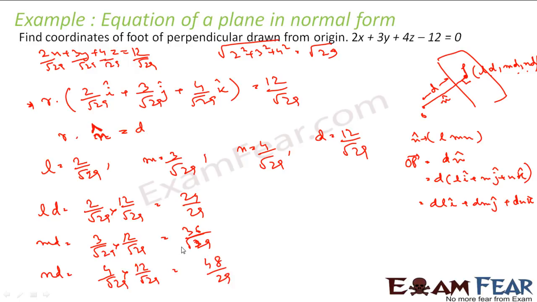This is by 29, it's not root. So the points are 24 by 29, 36 by 29 and 48 by 29. The new concept we learn here is that if the distance is d and this is the n vector, these points will be ld, md and nd. The rest was just calculation.